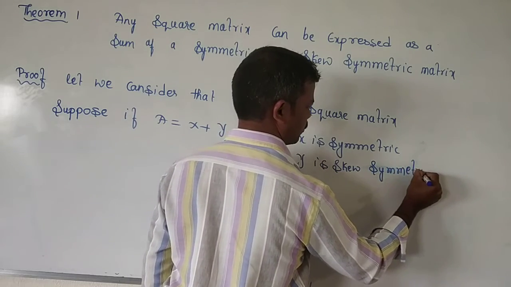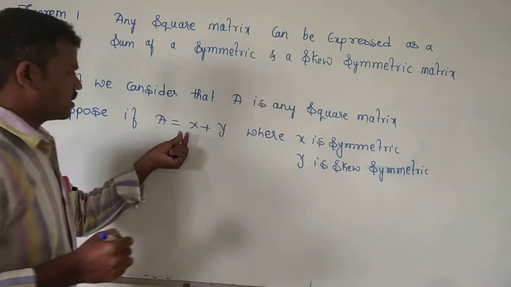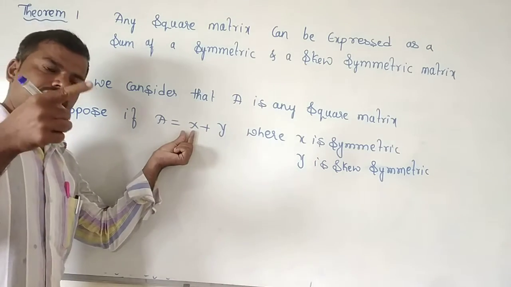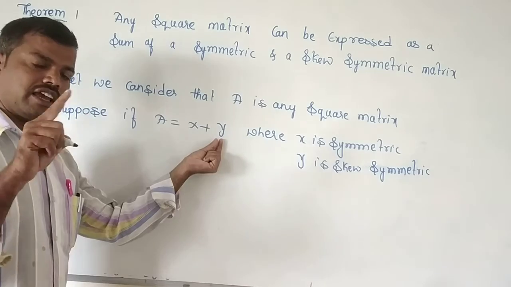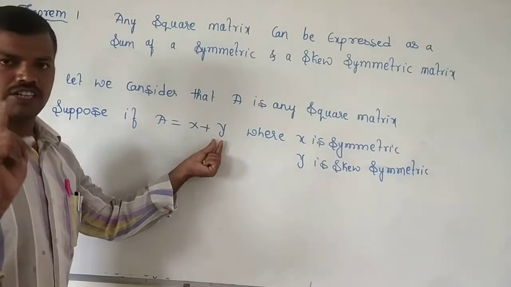What we have to show is that X equals A plus A transpose divided by 2, and Y equals A minus A transpose divided by 2.